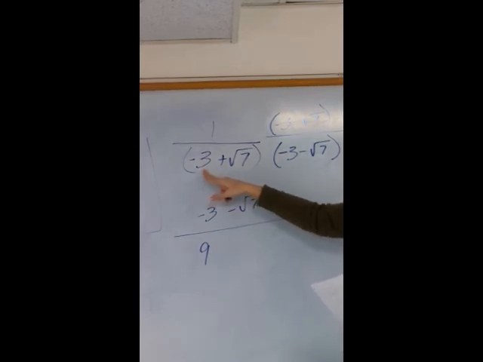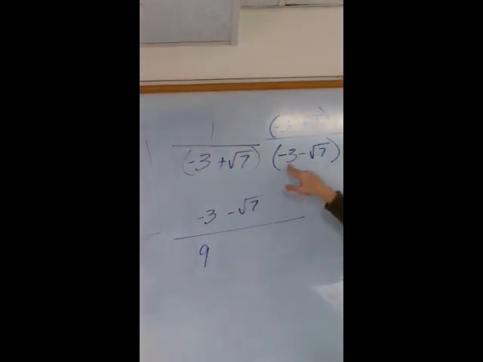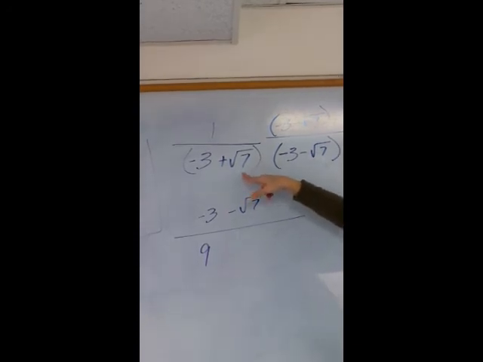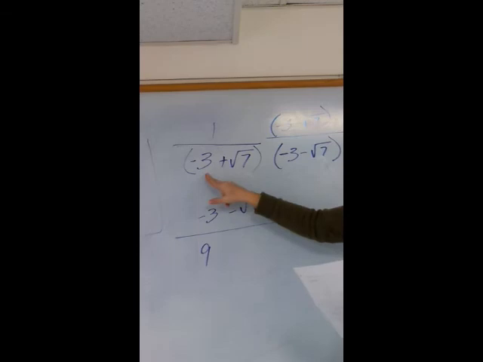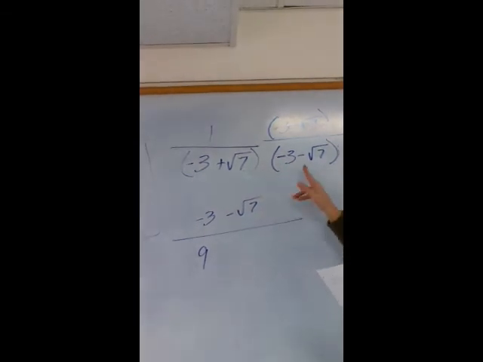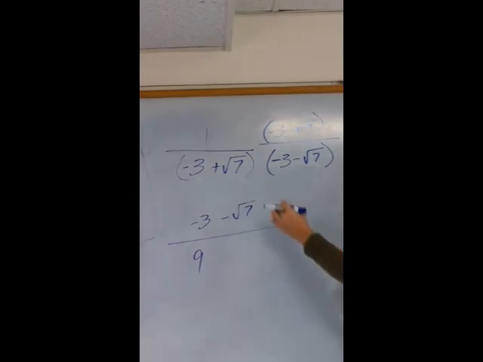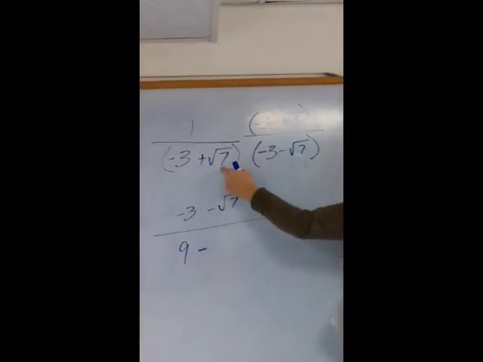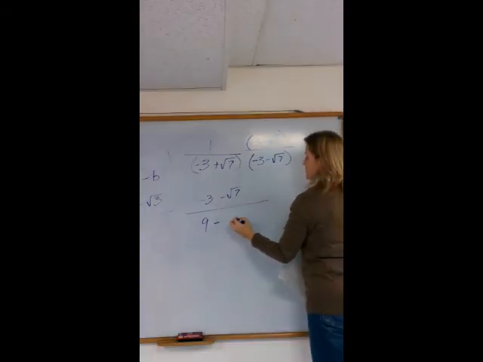And then if I multiplied the middles, I would have negative 3 times root 7, which is negative 3 root 7. So a positive 3 root 7 plus a negative 3 root 7 is 0. So my middle terms cancel out, and all I need to do is multiply my last terms, which would be negative square root of 49, which is negative 7.